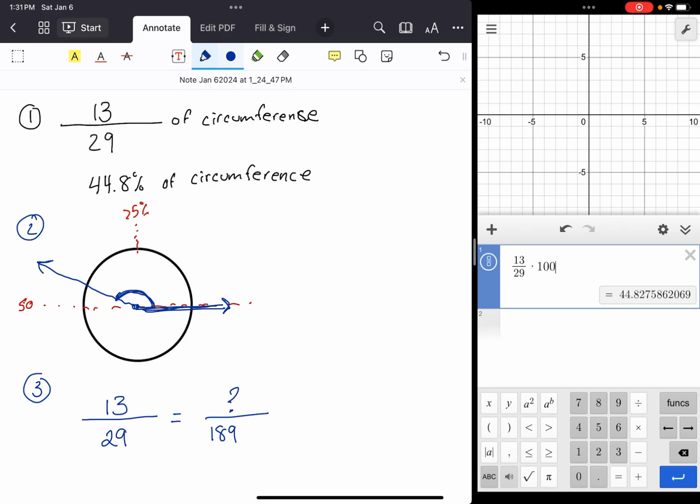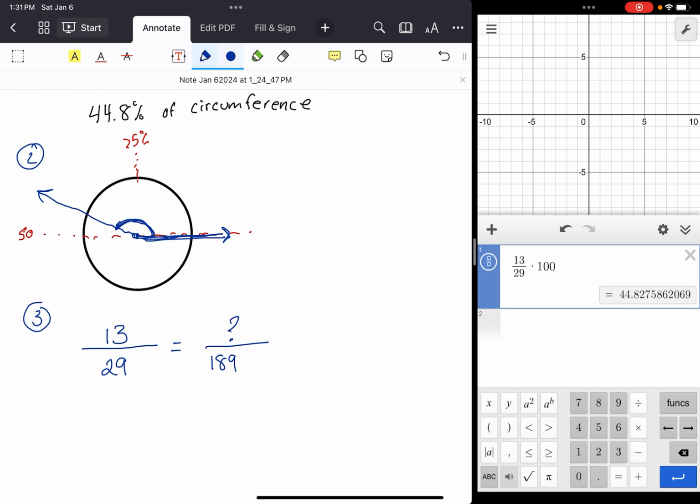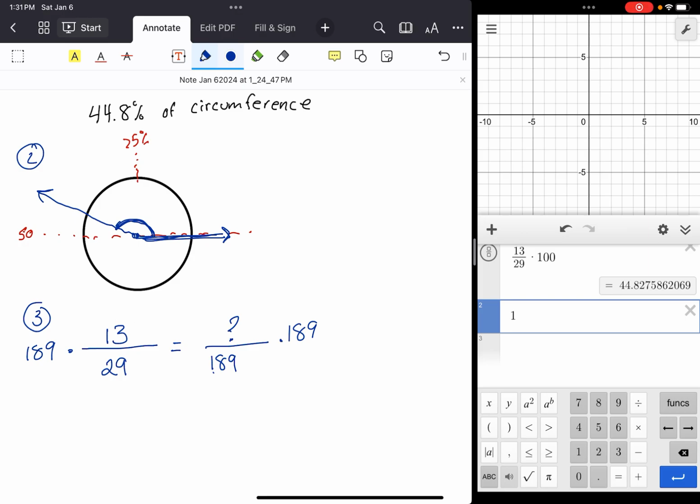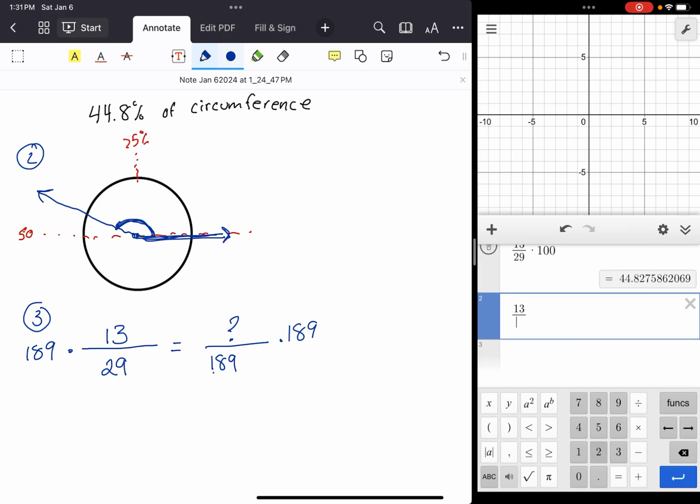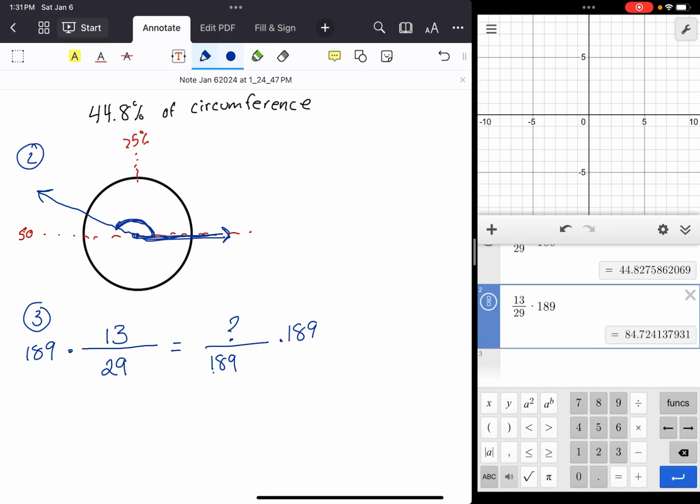So the number of Trekkies over 189 needs to equal 13/29. To solve this, I undo my division by multiplying by 189. 13/29 times 189 gives me 84.72 Trekkies.